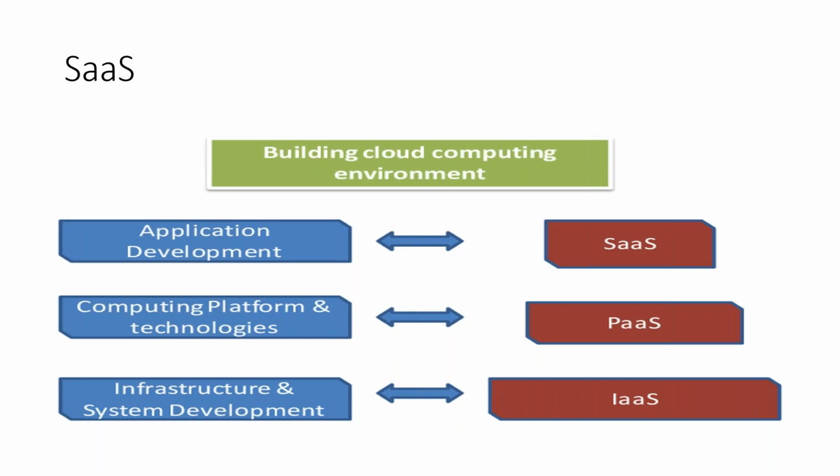SAP Analytics Cloud is a SaaS, a software as a service offering available on cloud platforms. If I consider a smart TV, the smart TV can be considered a cloud platform, where you have some inbuilt applications like Netflix and Amazon Prime.